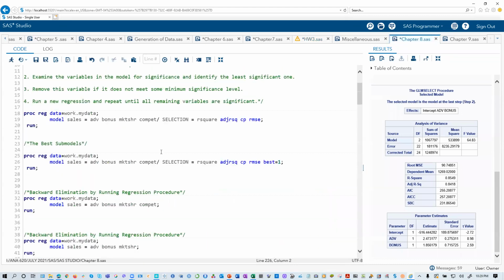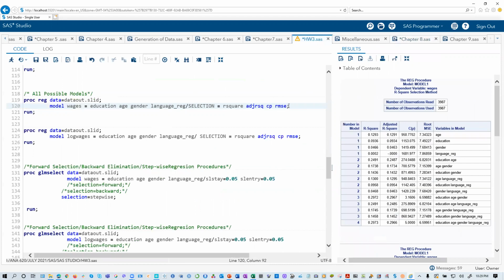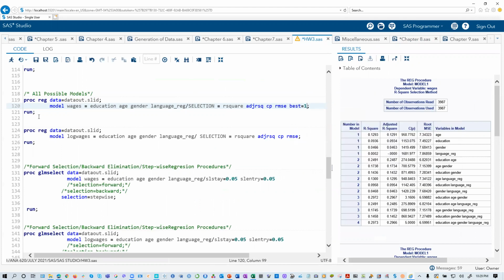Best one or two, you can see. I would say, give me the best one, best equals one of the model from the whole combination.